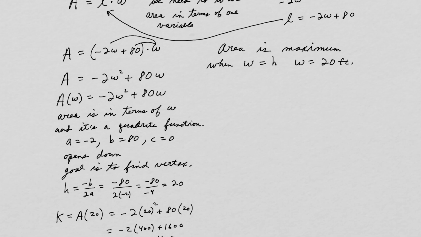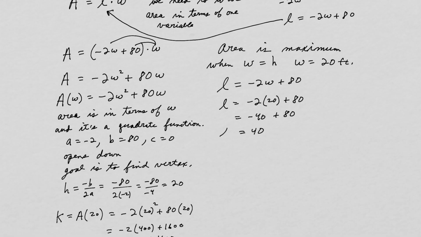Well, I have this equation up here I can plug back in. I know the length is negative 2W plus 80. So this is negative 2 times 20 plus 80. So it's negative 40 plus 80, which is positive 40. So the area will be maximum when the length is 40.